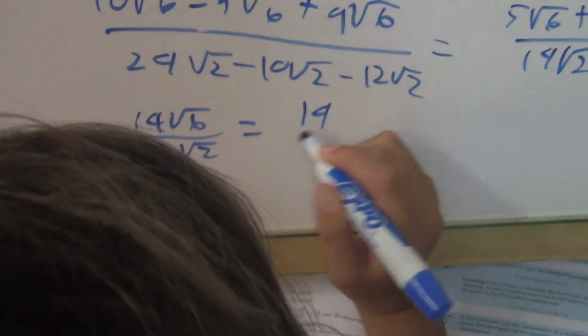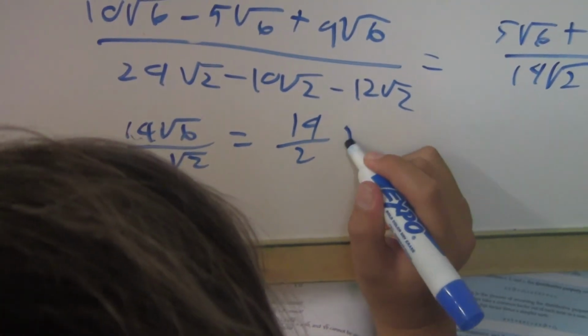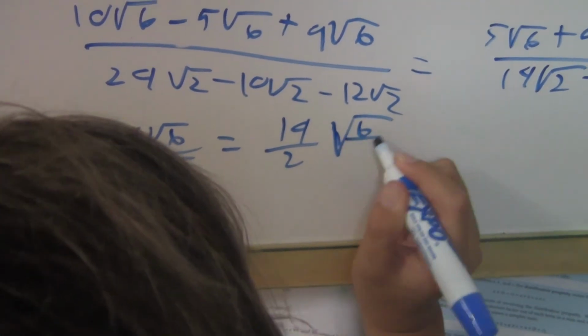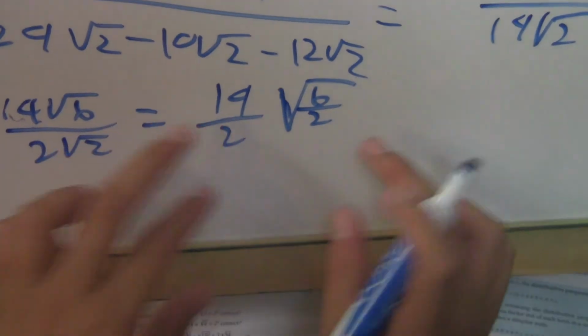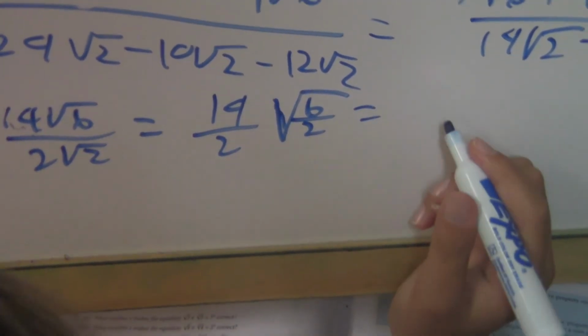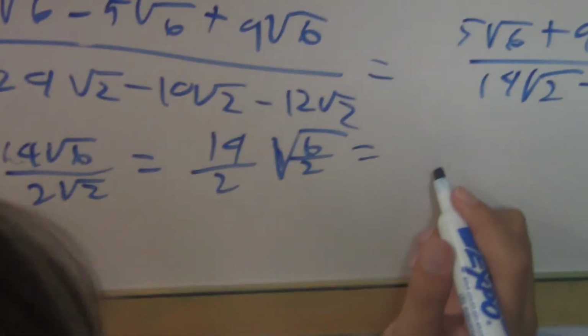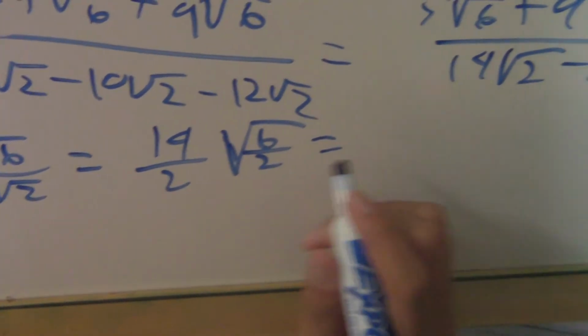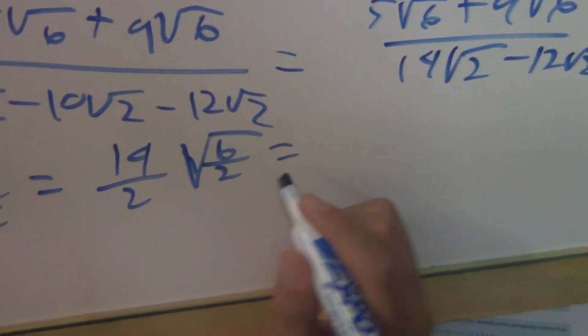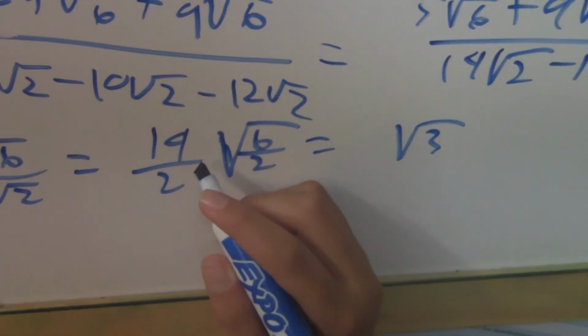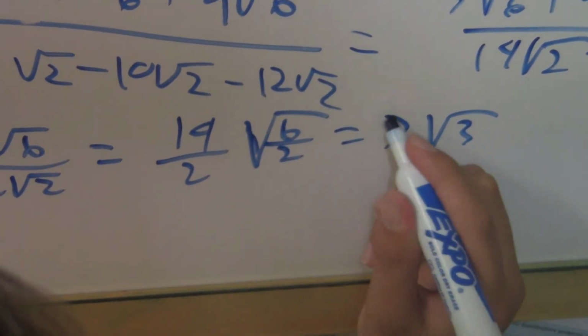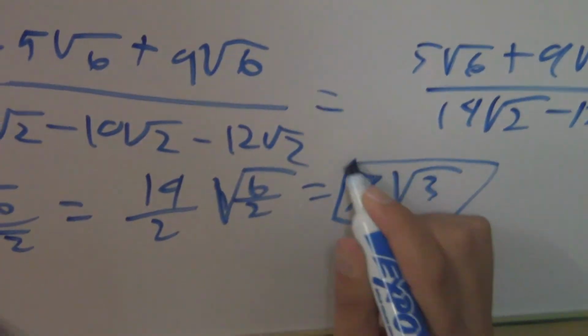So it'll equal 14 divided by 2 times the square root of 6 divided by 2. But we're still not done yet. We have to get rid of the fractions. If you already did simple math, you should probably know that 6 divided by 2 is 3, and 14 divided by 2 is 7. So that's our answer.